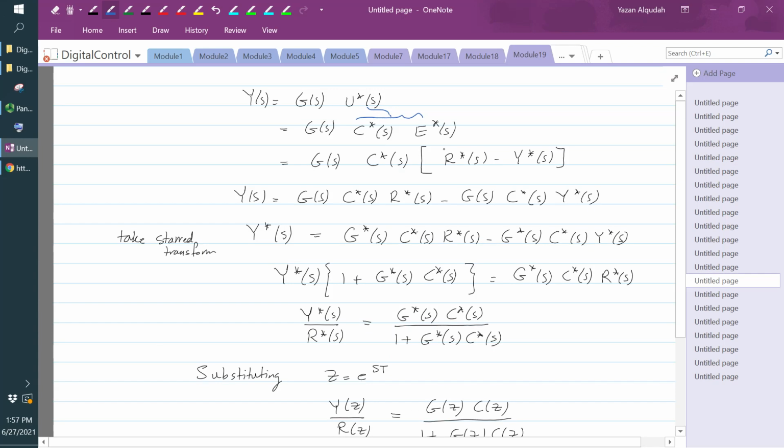Therefore, Y of S is going to equal G multiplied by C star multiplied by R star minus G multiplied by C star multiplied by Y star. If I take the star transform, Y star is going to equal G star multiplied by C star multiplied by R star minus G star multiplied by C star multiplied by Y star.